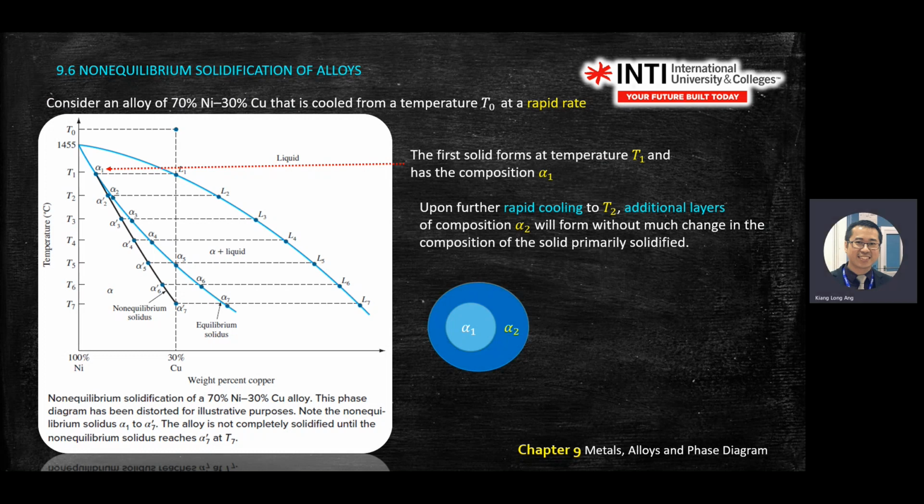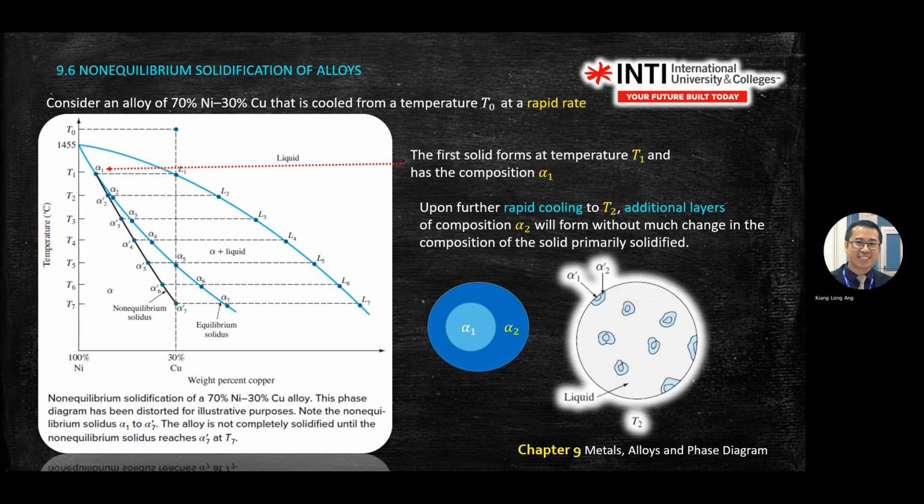So what happened to A prime 2 and A2? You see here, when you drop from T1 to T2, you form an alpha prime 2. You have an extra layer outside alpha 1, meaning initially it was in the molten state, right? Then you cool down, you will form an A2 concentration or A2 layer outside A1 when you rapidly cool down from T1 to T2, right?